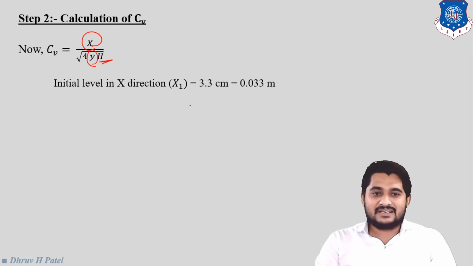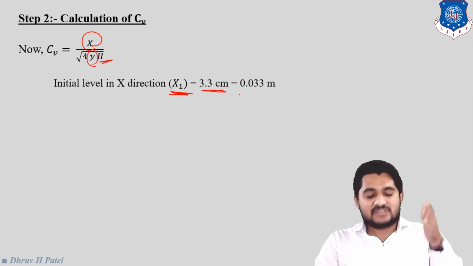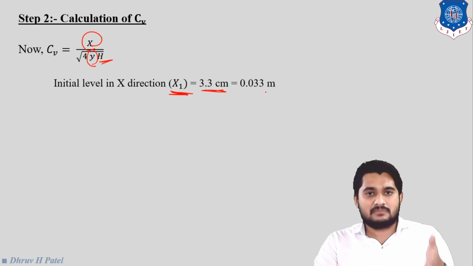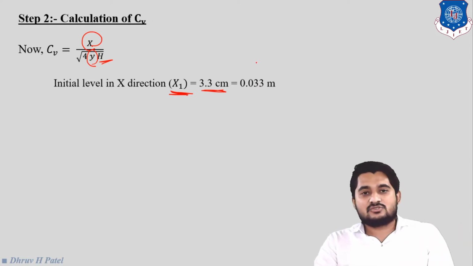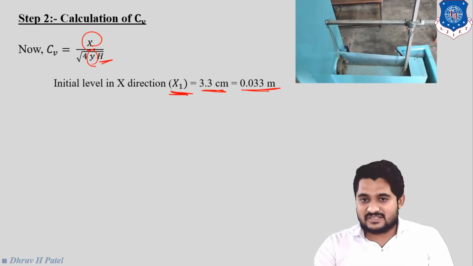So the initial level of the jet in the direction of x will be 3.3 centimeter. This is exactly the starting of the mouthpiece in x direction. So 3.3 centimeter will be 0.033 meter, right?